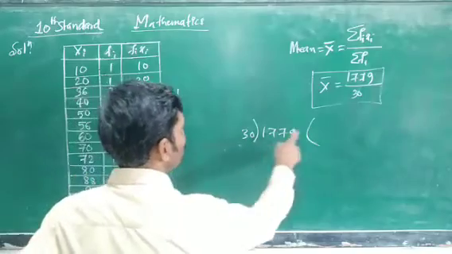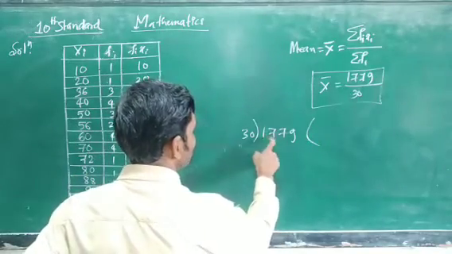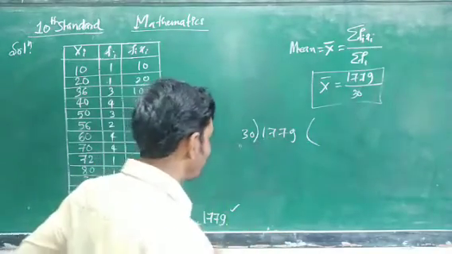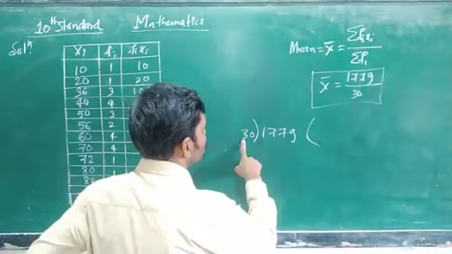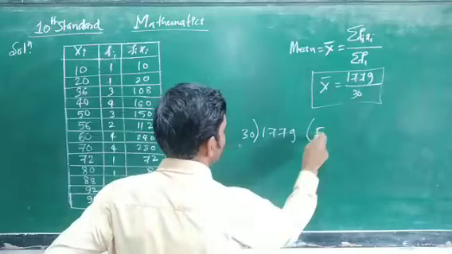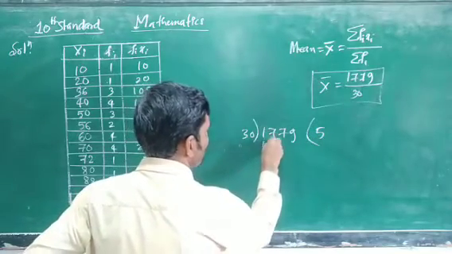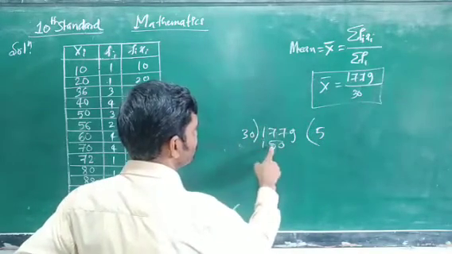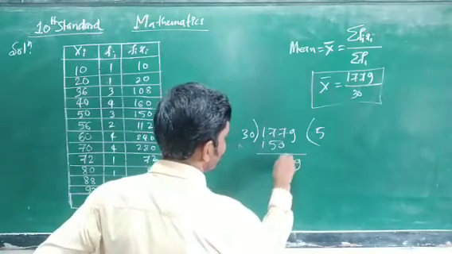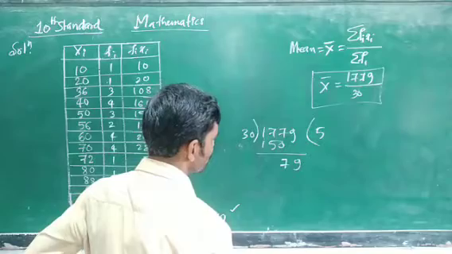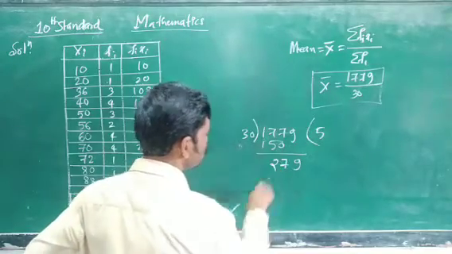So 3 ones are 3, 17. It is very less than 30. So 150. 3 5s are 15, 150. So 9, 7, 2.